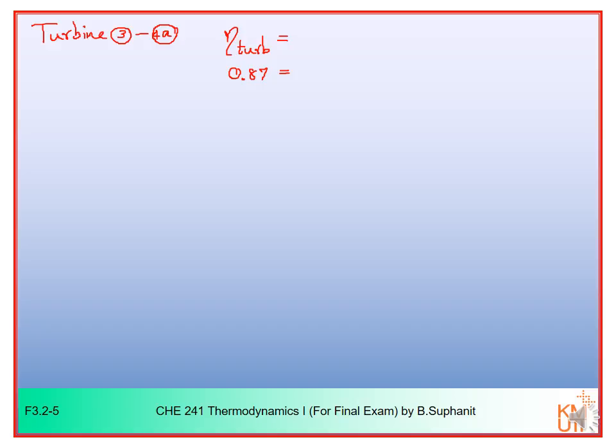For the turbine, efficiency equals the actual work divided by the isentropic work, W34A divided by W34S, which is the isentropic work.